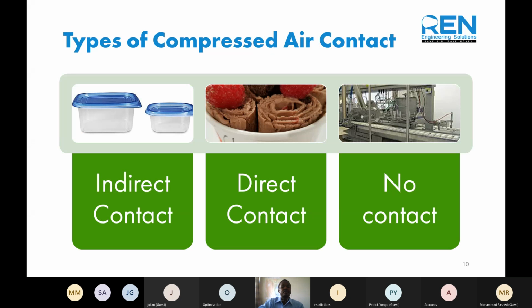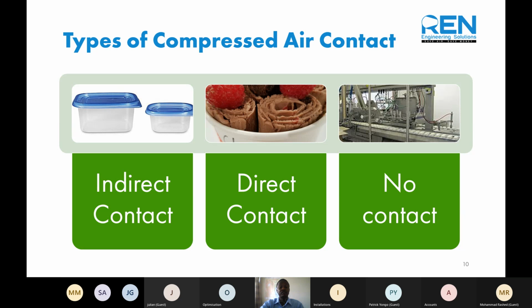So what are some of the types of compressed air contact with food and pharmaceutical products? The first is indirect contact. For example, ice cream and yogurt jar cleaning. So the compressed air comes into contact with the product packaging during either drying or cleaning of the packaging.